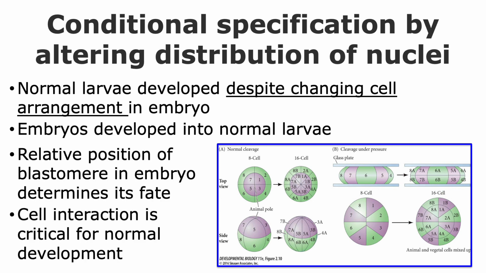Thus, the relative position of a blastomere in the embryo can determine its fate, and this is through cell interactions. These cell interactions were critical for normal development, and thus scientists and embryologists were able to prove that conditional specification is another strategy for the process of specification.